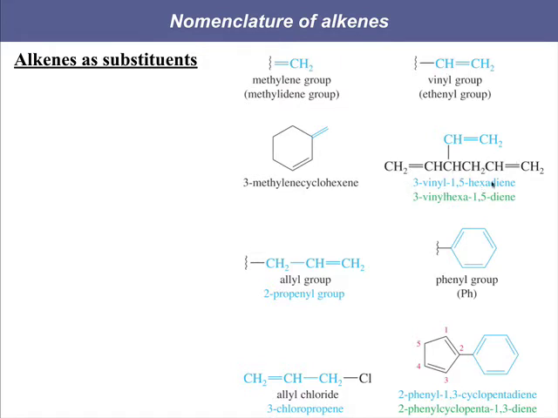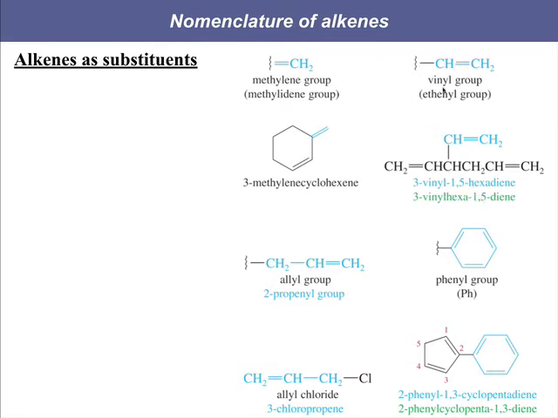So this is a 6-carbon chain with 2 double bonds on it. So it's a hexadiene. Those double bonds are on the 1 to 2 and the 5 to the 6. So that's a 1,5-hexadiene with a vinyl group on the 3rd carbon. So 3-vinyl 1,5-hexadiene, or 3-vinyl hexa 1,5-diene. Again, if you want to split the root.